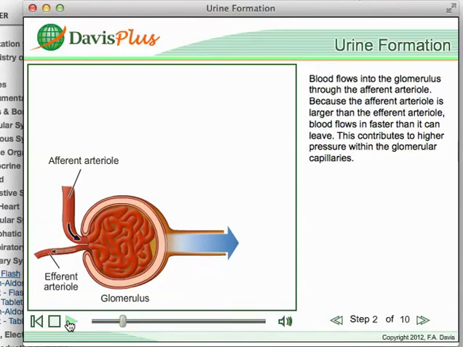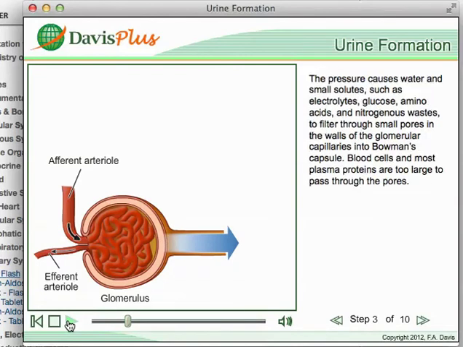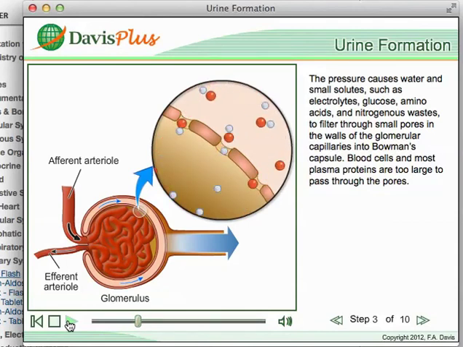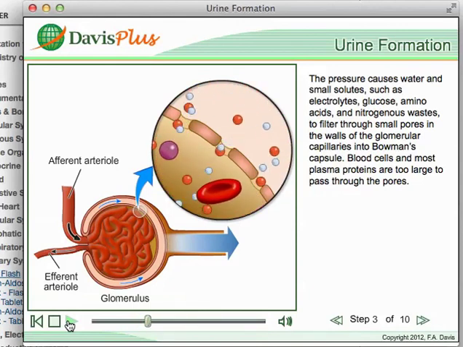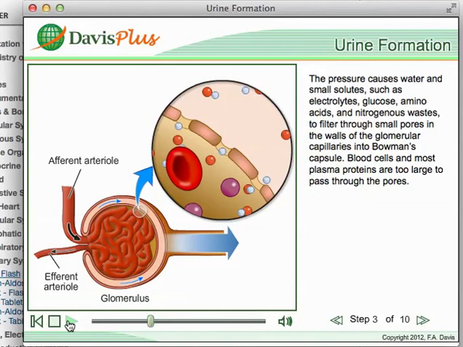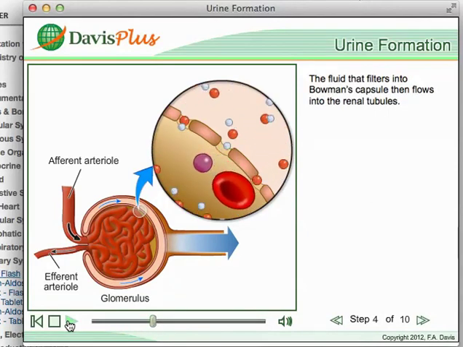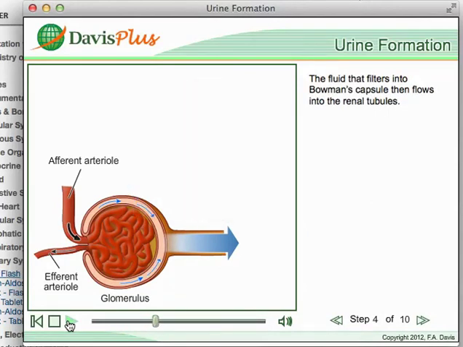This contributes to higher pressure within the glomerular capillaries. The pressure causes water and small solutes, such as electrolytes, glucose, amino acids, and nitrogenous wastes, to filter through small pores in the walls of the glomerular capillaries into Bowman's capsule. Blood cells and most plasma proteins are too large to pass through the pores. The fluid that filters into Bowman's capsule then flows into the renal tubules.